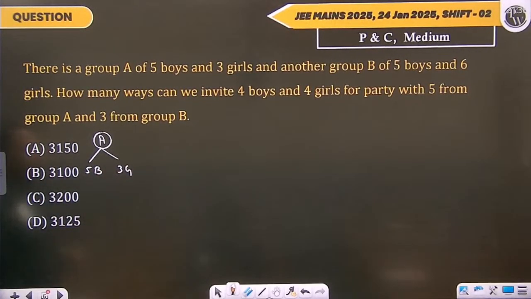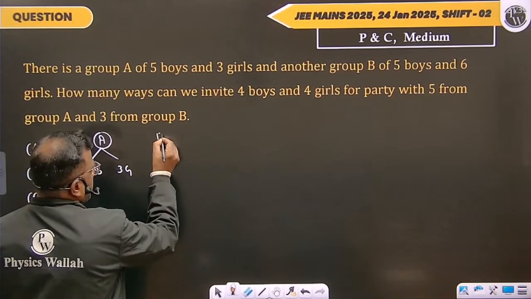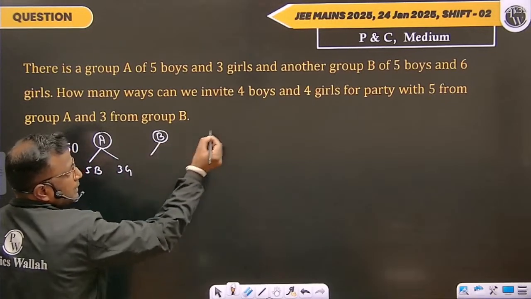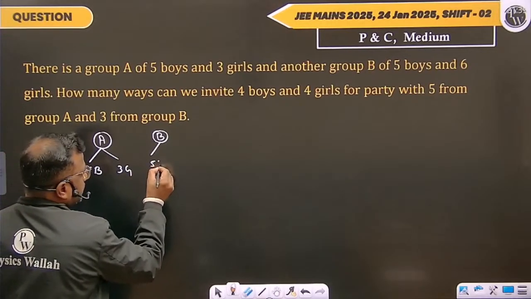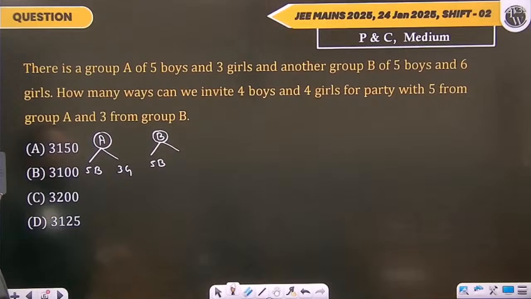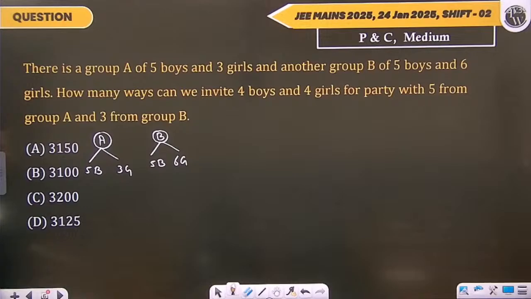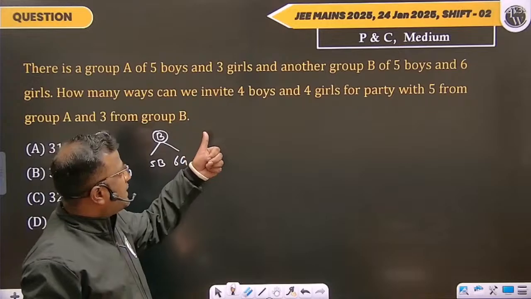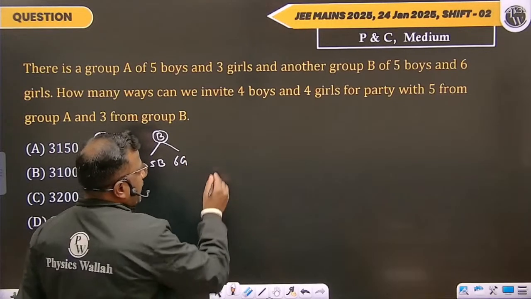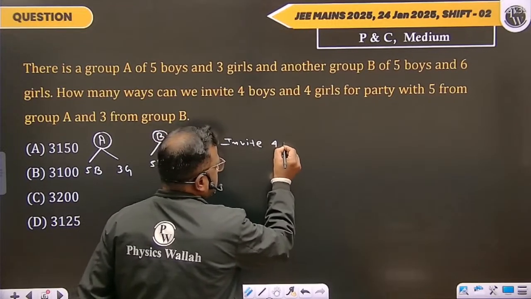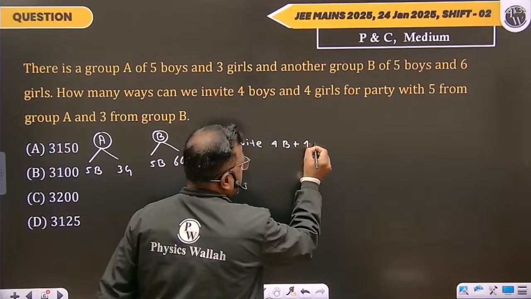And another group B of 5 boys and 6 girls. How many ways can we invite 4 boys and 4 girls? That is, you have to invite 4 boys plus 4 girls.